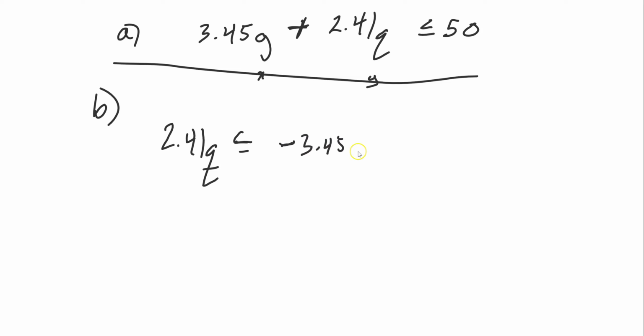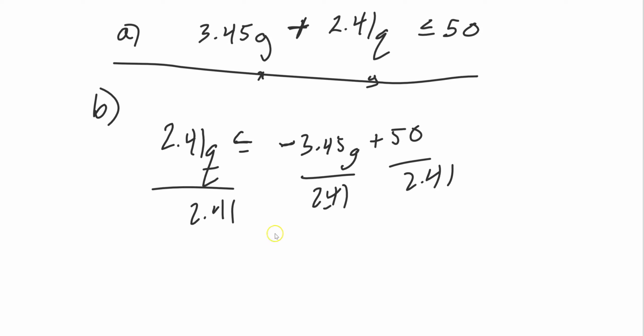Subtract that from both sides. Plus 50. And I've got to divide by 2.41. That's not going to be pretty. And I'm going to get Q is less than or equal to whatever that is, plus whatever this is.